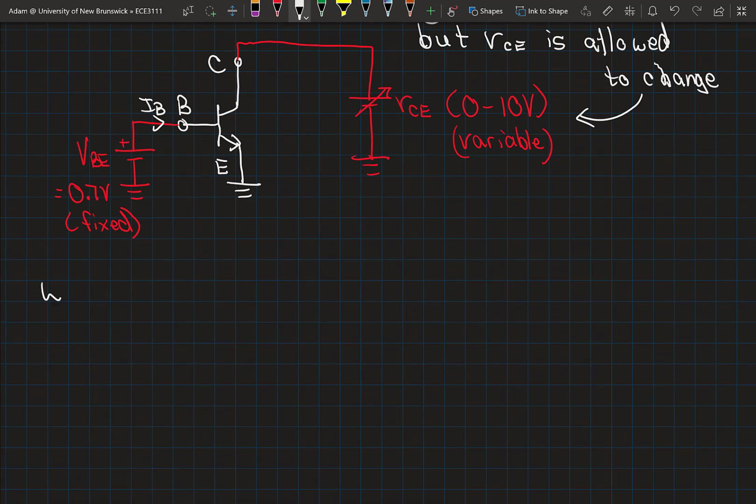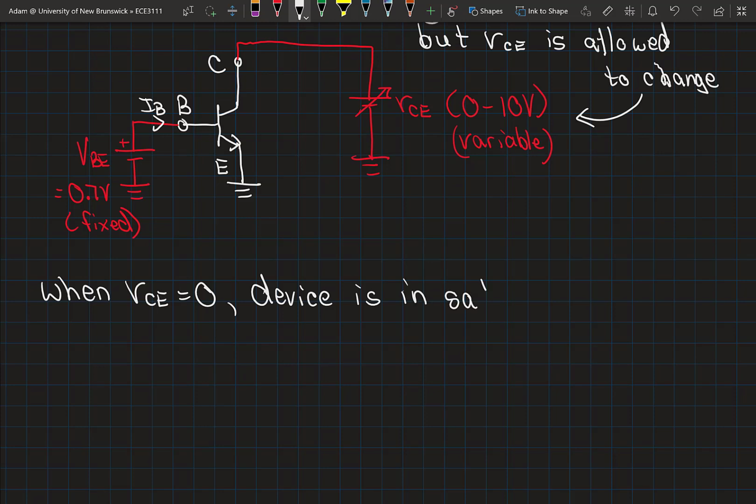Okay, and we know that when this collector to emitter voltage is, let's say, 0, how is the BJT going to operate? Well, that's below our saturation voltage, VCE sat, so the device is going to be in saturation.